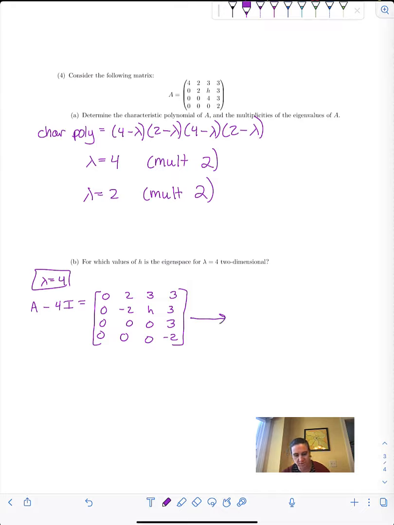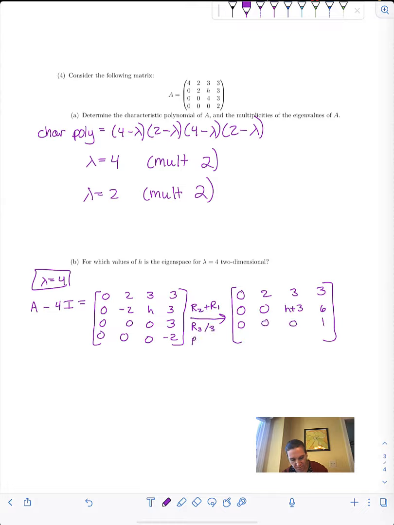And so if we do some row reductions, we can take row 2 and add row 1 to it. And that's going to give us 0, 0, h plus 3, 6. And then we can take our third row and divide by 3, and our fourth row and add 2 times what's now our third row, and we end up with this thing.